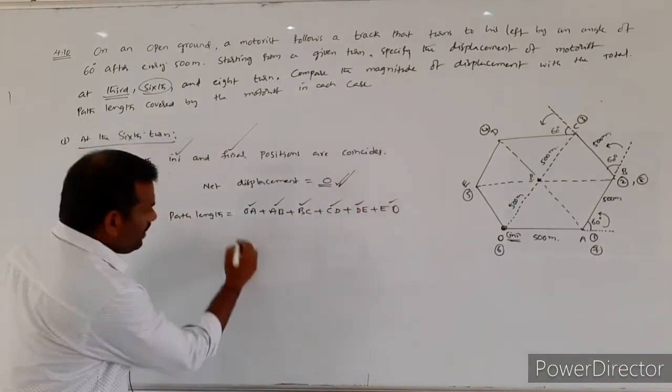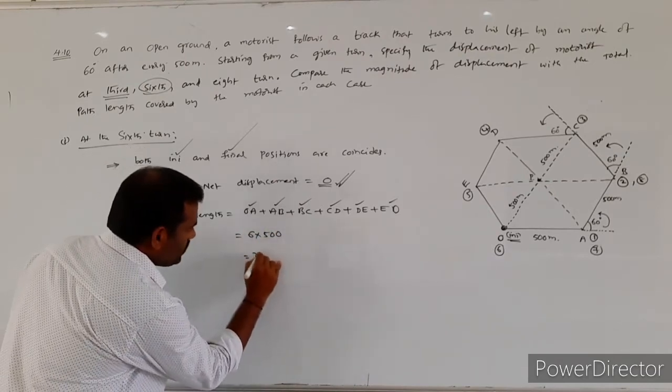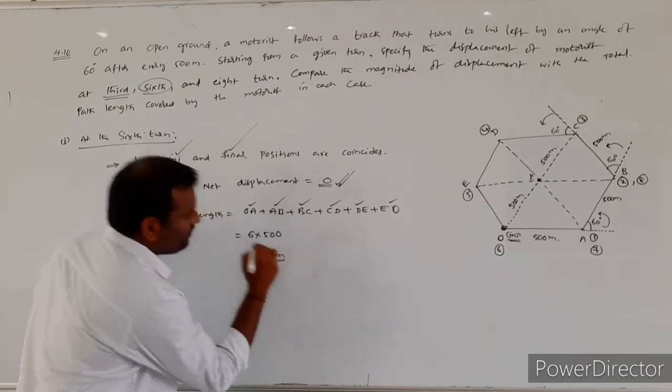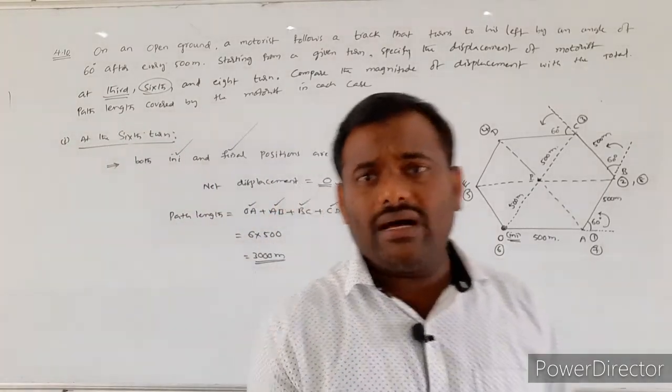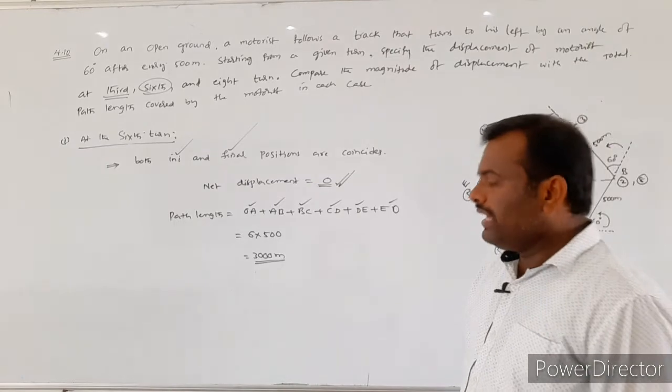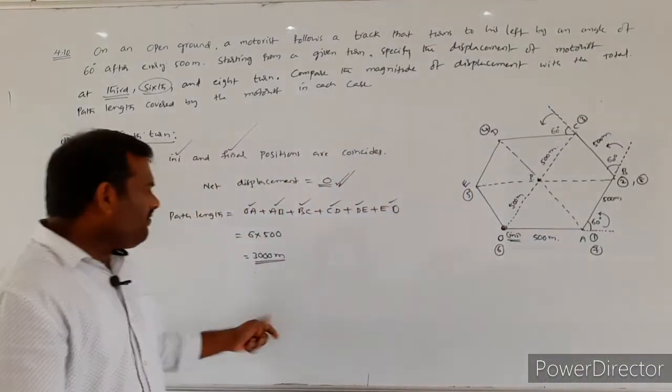So we write this value is equal to 6 into 500. So the distance covered by the motorist in this case is 3000 meters.